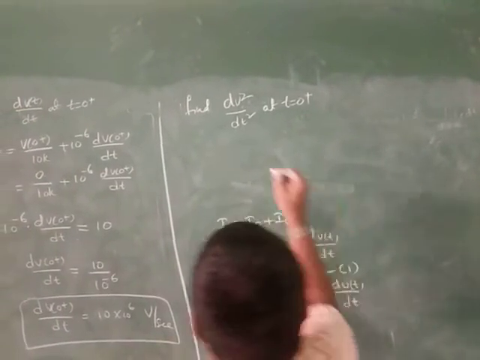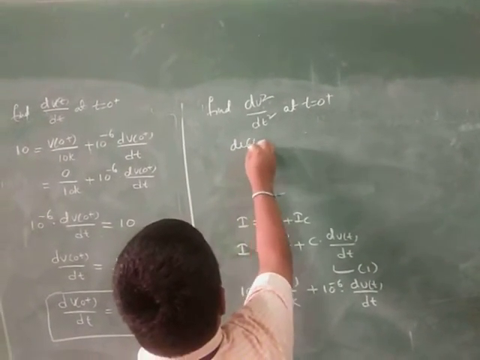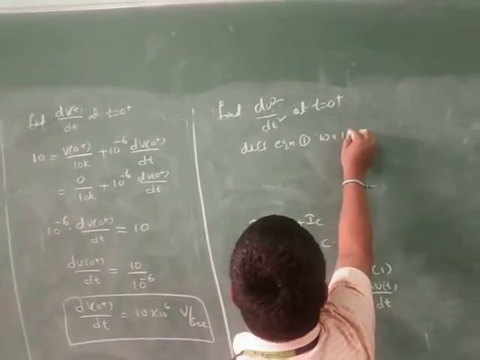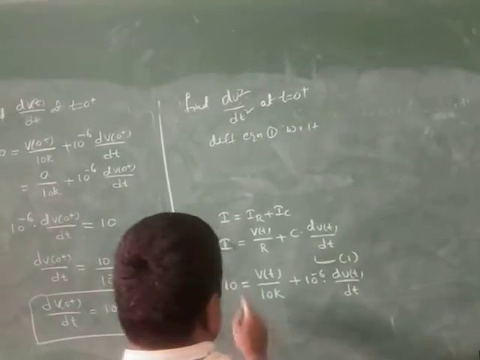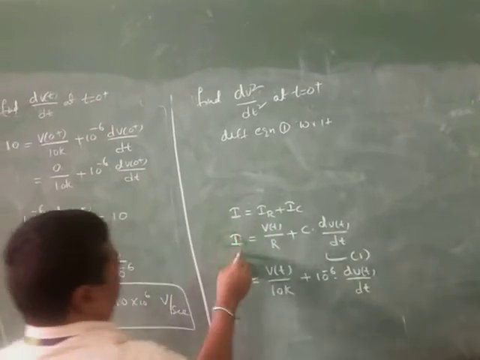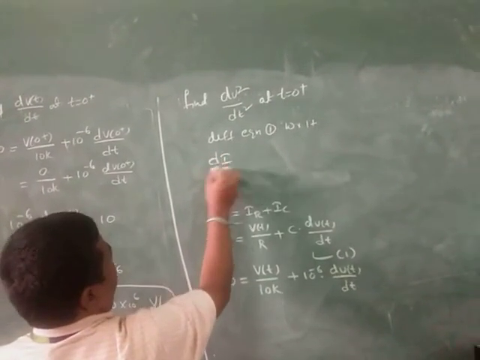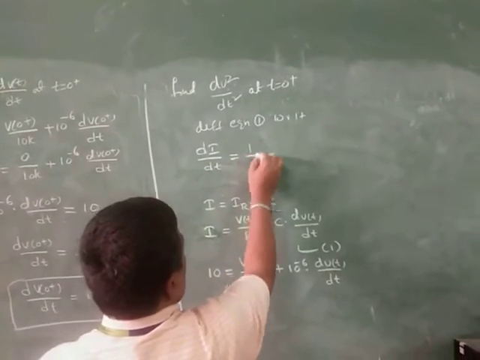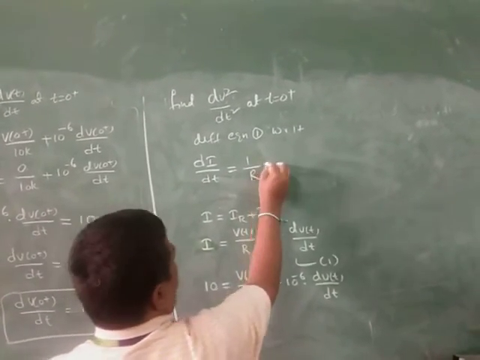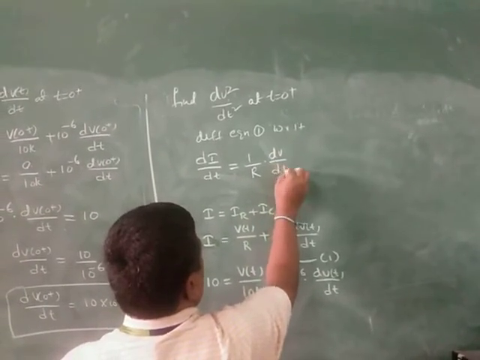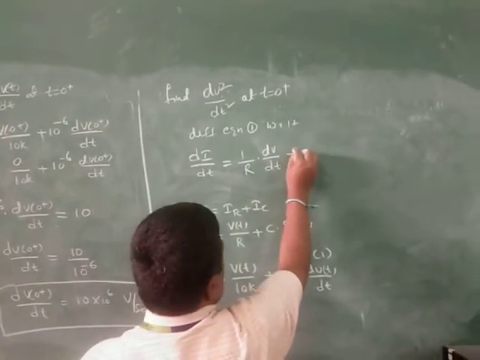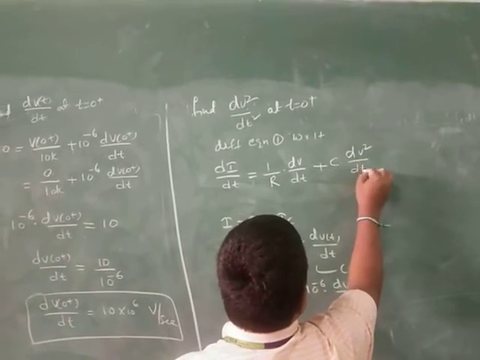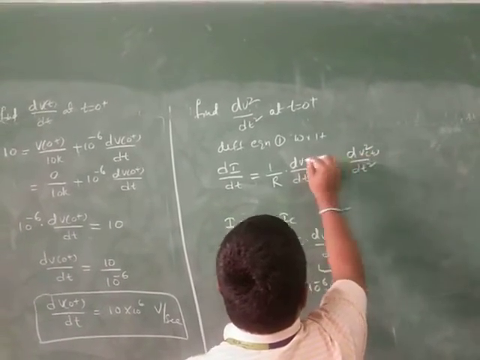Again differentiate equation 1 with respect to time. This is equation 1. So dI by dt is equal to 1 by R dV by dt plus C into d square V by dt square.